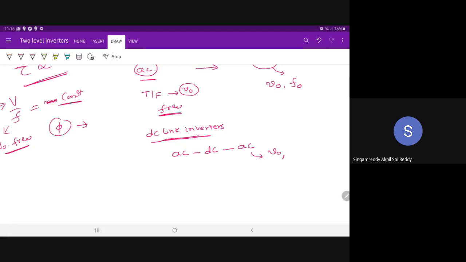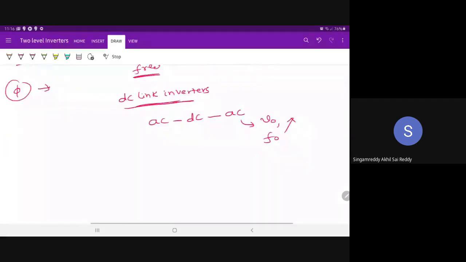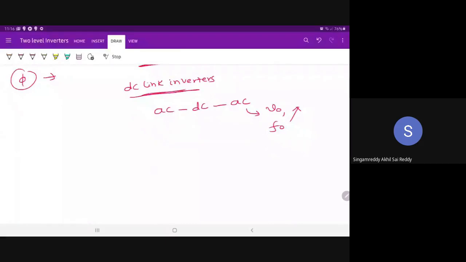The idea is simple. We have a rectifier, and the available input source is AC. You will get DC here. This DC is smoothened using some filters and then given to a three-phase inverter, where we can control the voltage and the frequency.